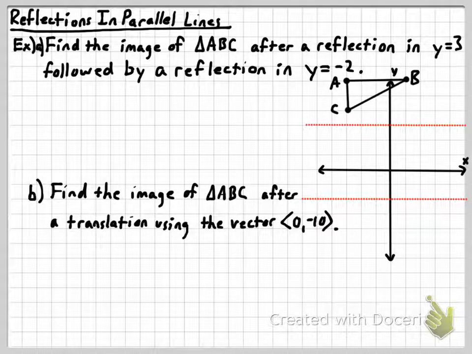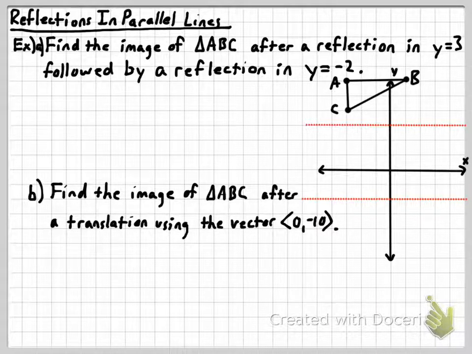All right, so what's supposed to happen, according to what we just talked about a moment ago, is that when I reflect triangle ABC in y equals 3, and then I reflect it again in y equals -2, the final image ought to be a translation of the original figure, and it ought to be twice as far from the original figure as these two parallel lines are from one another.